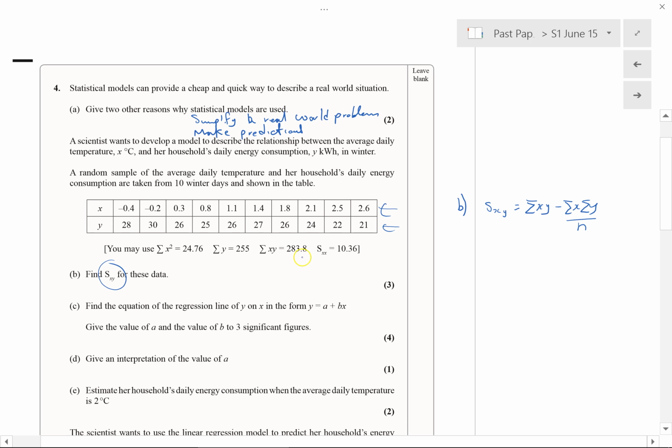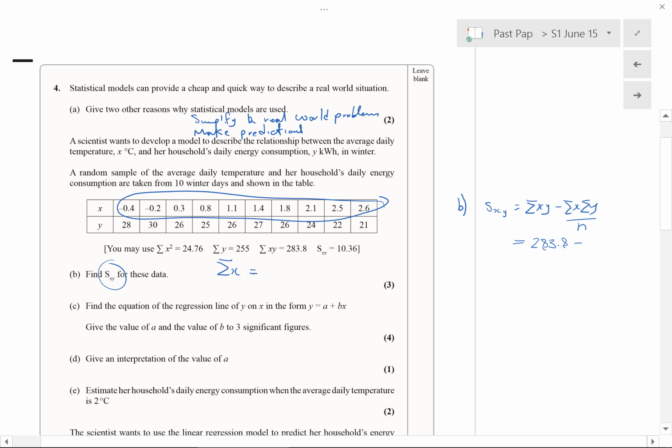Sigma xy is given in our information here, 283.8. Sigma x is not given, so we need to find sigma x by adding all of these numbers together.